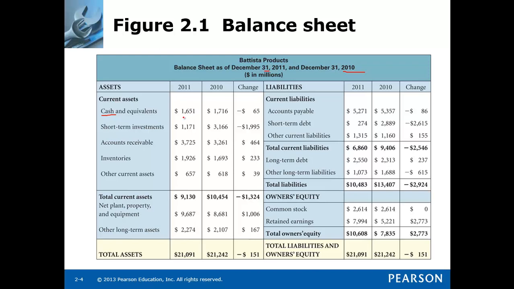You can see that Batista Products had cash on hand of $1.6 billion. Now, this is in thousands listed here, but you also have to make note of the reference in the balance sheet. So it's dollars in millions.